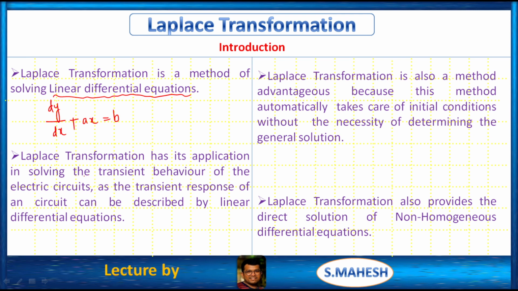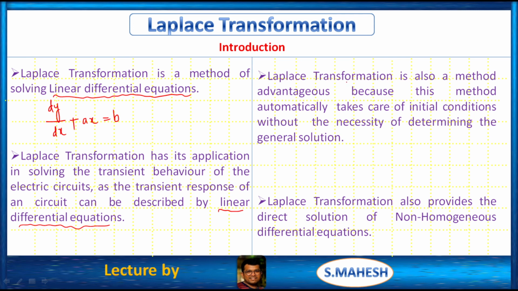Compared to time domain analysis, frequency domain analysis is very easy, as we discussed in phasor representations. You all know that, right? So the transient behavior of the circuit can be easily explained by the Laplace transformation technique, because the transient response of a circuit can be described by linear differential equations.